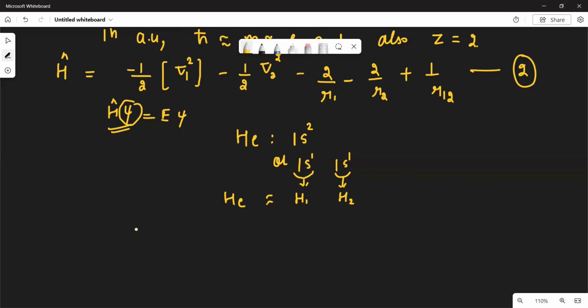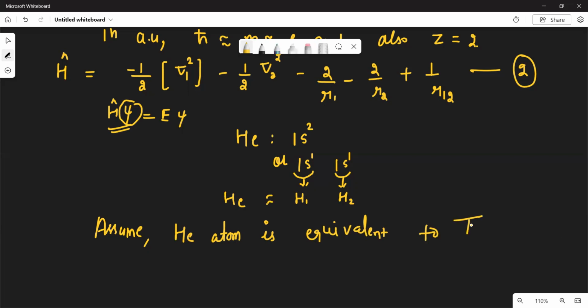We can assume that the helium atom is equivalent to two one-electron hydrogen atoms, which are one-electron systems.